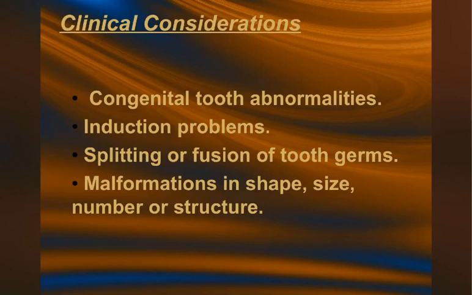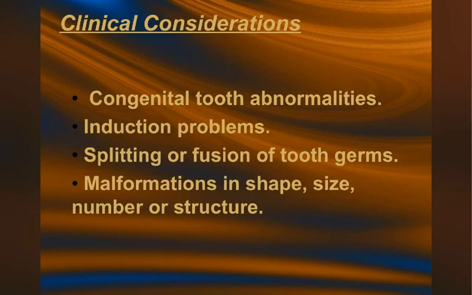Some clinical considerations. Clinical considerations about tooth development include congenital tooth abnormalities, which are any abnormality during the development of the tooth. Any problem in the shape of the tooth, the shape of the crown, the shape of the roots, which is beyond the normal variation, is considered a congenital tooth abnormality.